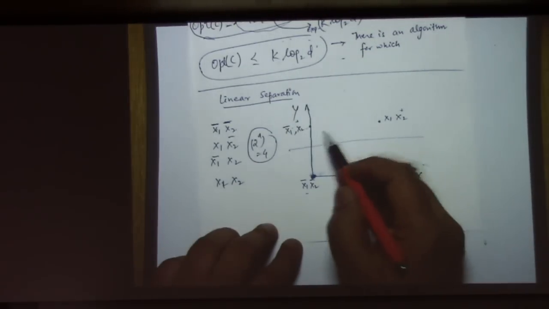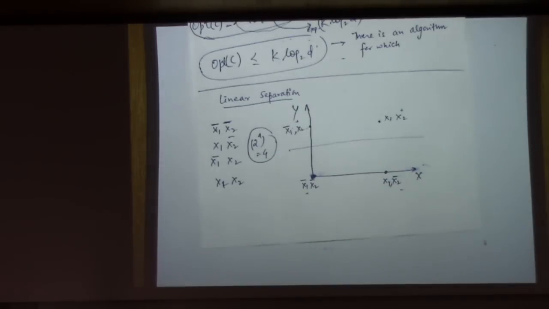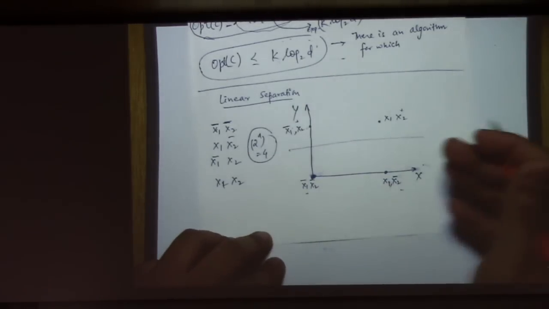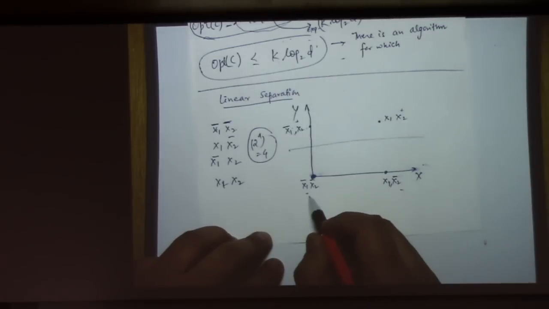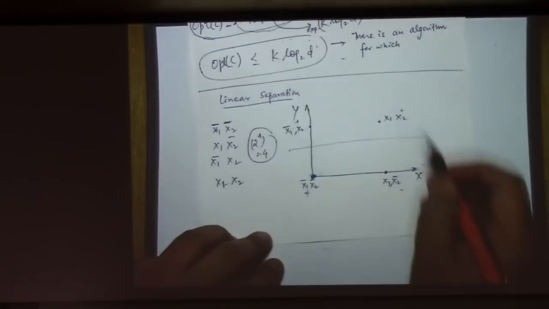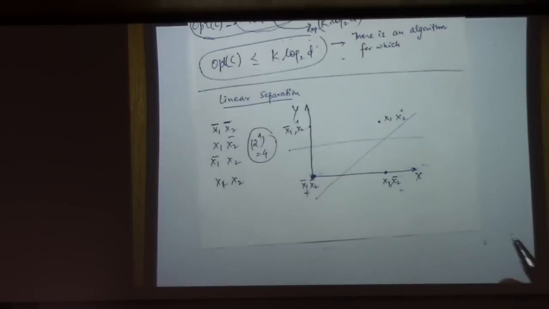Same way, a concept which calls all of them positive, of course then we can draw a line anywhere, and same thing for negative. But if there's a concept which calls these 3 positive and only this one negative, then you can draw a line like this, and that is linearly separable.